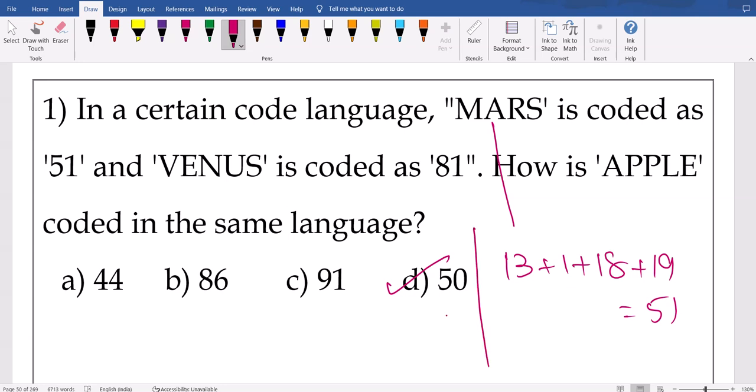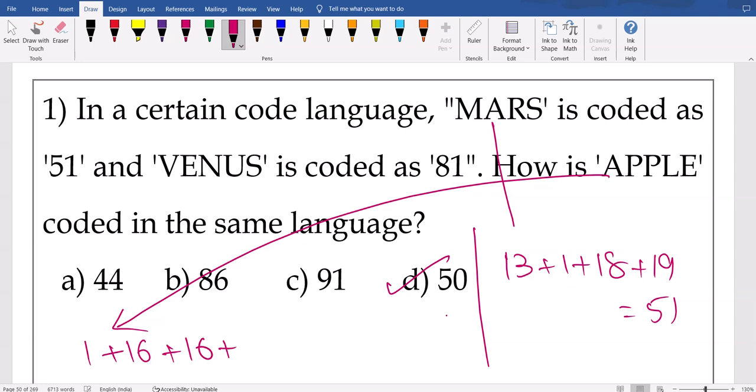Directly for Apple, 1 plus 16 plus 16 plus 12 plus 5 gives 50 as the answer. So it is directly the sum of the respective letters' positions in alphabetical order, A to Z, 26 alphabets, A value, B value and so on. Accordingly we pick the values. So we got 50 as the answer for Apple.